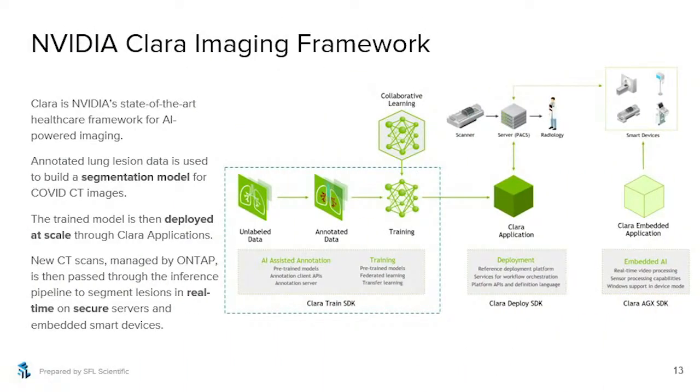Clara includes a wide range of pre-trained models, so customers can get a jump start on a variety of medical imaging tasks. And Clara also provides an AI-assisted annotation tool that allows the fast labeling of images, so radiologists and clinicians can effectively share their knowledge and contribute to the development of AI models.